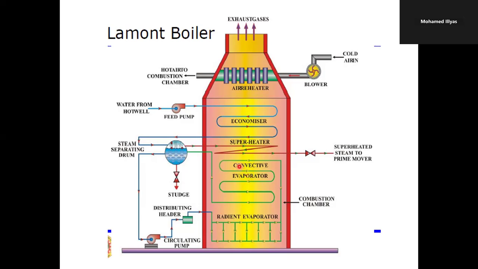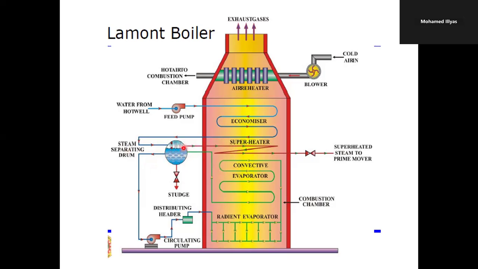So that's why we use the word convective evaporator here. So the steam with high temperature is entering into the steam separating drum, and the steam leaving from this steam separating drum is entering into the superheater here.